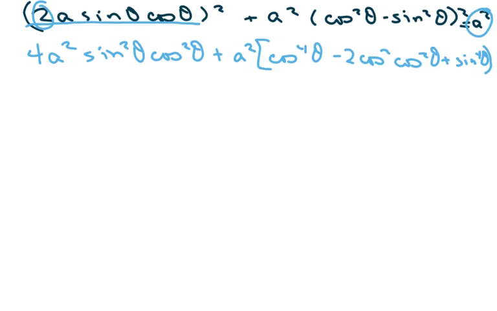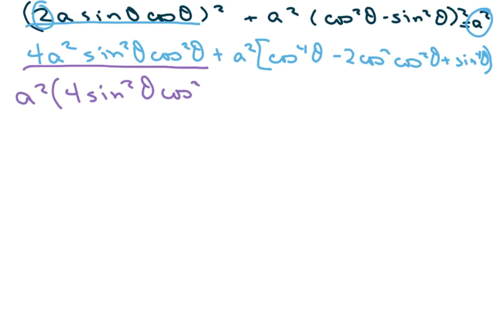Alright, now I'm going to go ahead and factor out A squared of all of this, because that's our desired result. So I'm factoring out of this part A squared. So I'm left with 4 sine squared theta cosine squared theta. This is a plus, that makes it nice. So I've already factored this out. So I'm just going to copy this part down without the A squared.